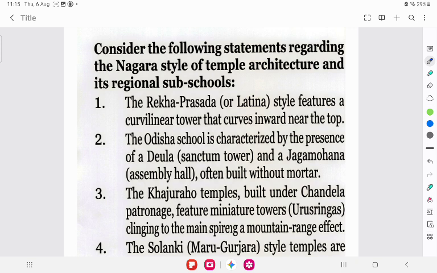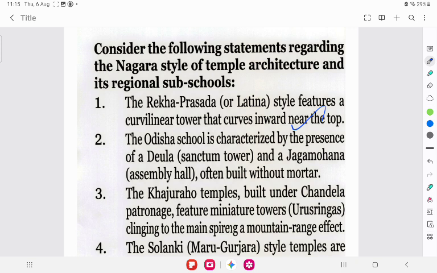Consider the following statements regarding the Nagara style temple architecture and its regional subschools. The Reka Prasada or Latina style features a curvilinear tower that curves inwards near the top. Yes, this statement is correct.